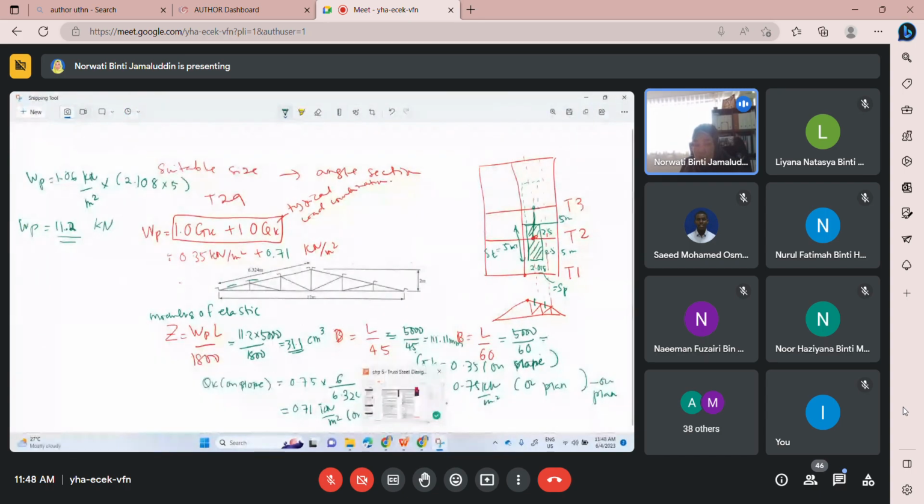Okay, you just divide by 2. So this one divide by 2. Okay, berapa? 2. So this will be 41.67 m.